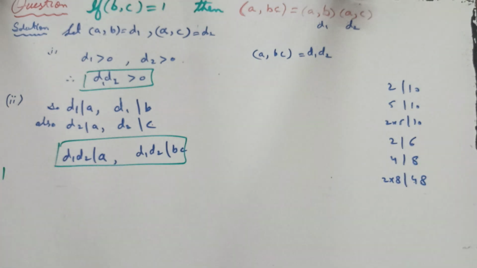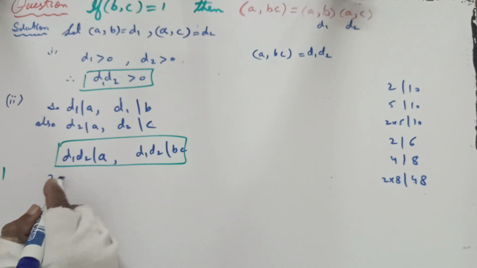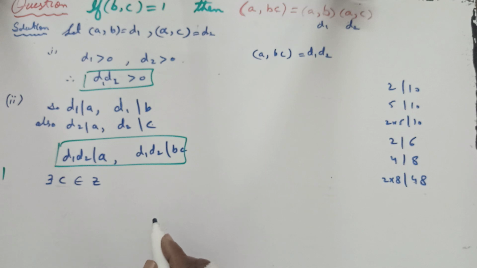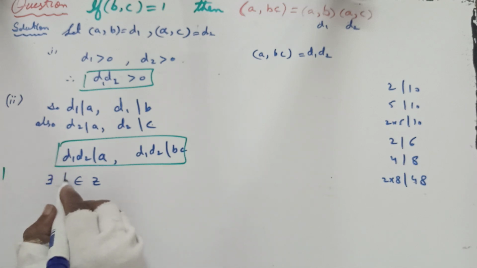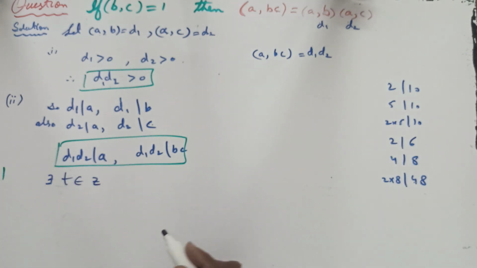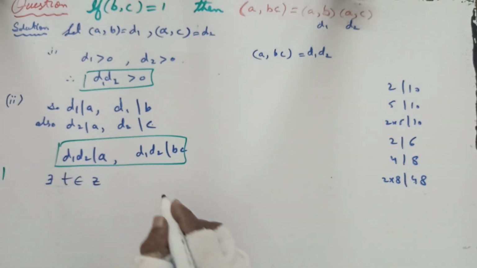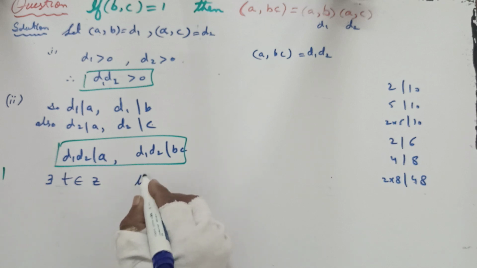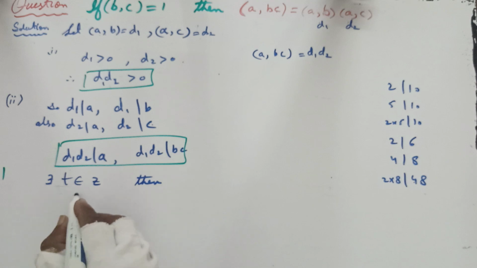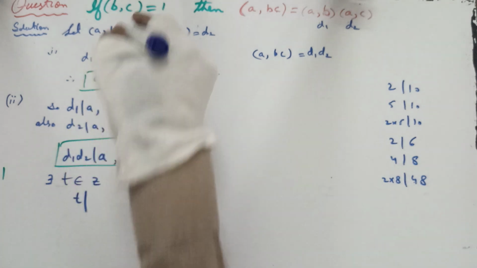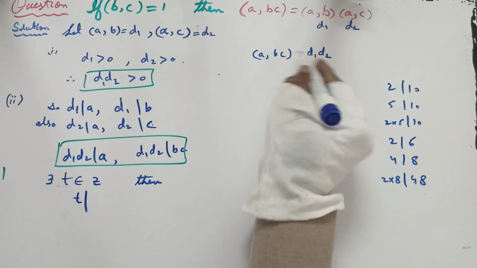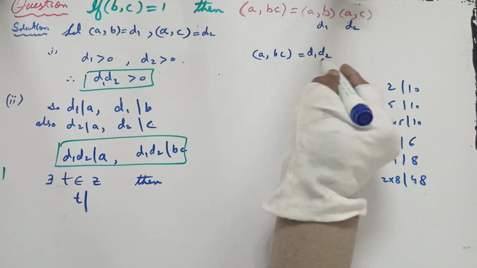Then there exists any other number, you can also take T, any number, T belongs to Z, the set of integers, and T must be a common divisor of these two, because we are going to prove this is the GCD.